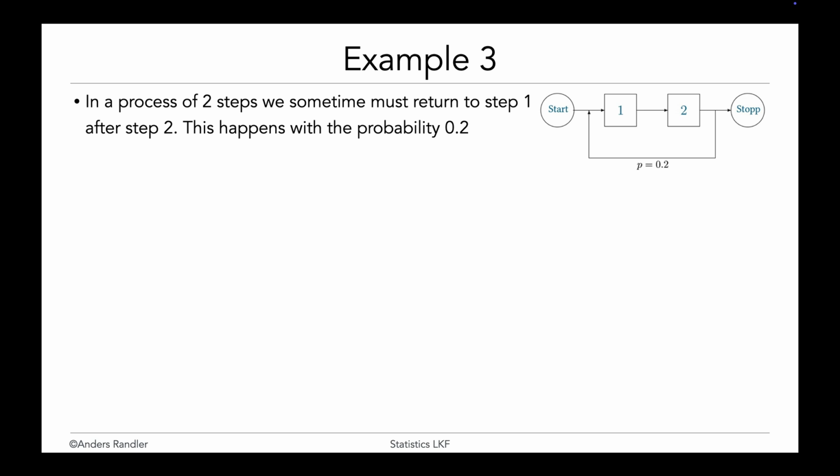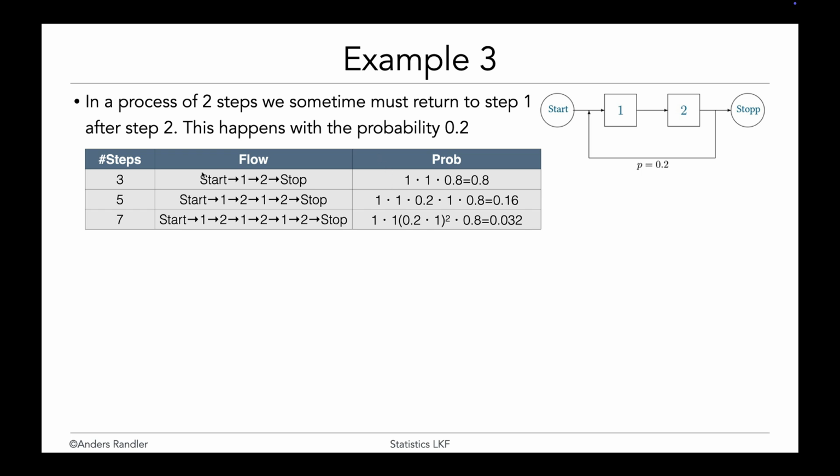A slightly more complicated, but still quite understandable example. In a process of 2 steps, we sometimes must return to step 1 after step 2. So you start here, you go on to step 1, you go on to step 2, and sometimes you have to return for some reason. Something might have gone wrong, so you have to go back with a probability of 0.2.